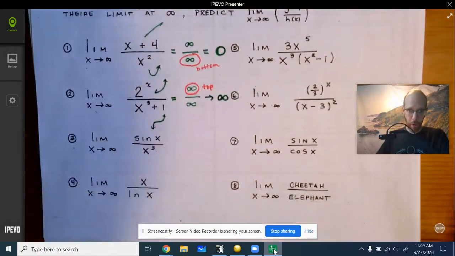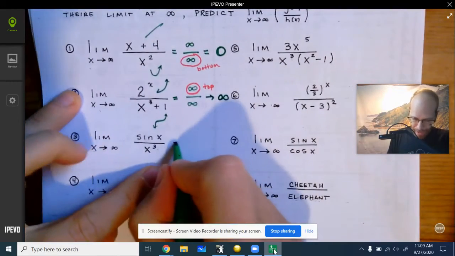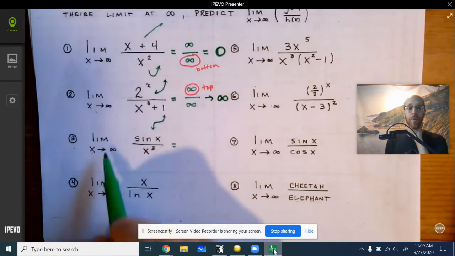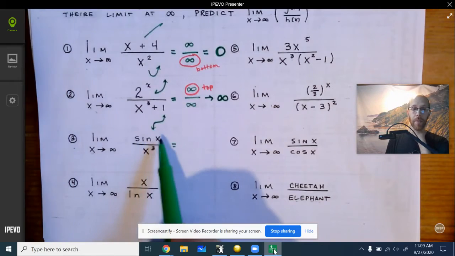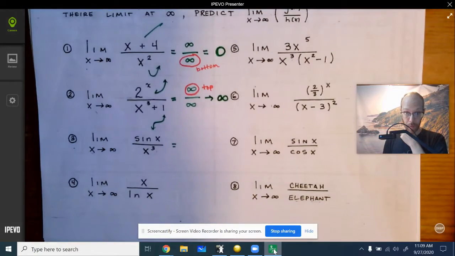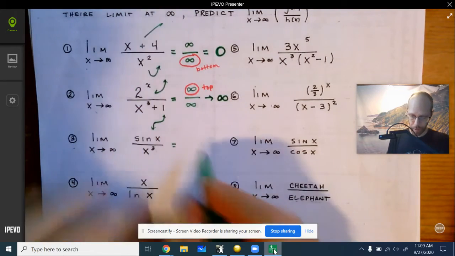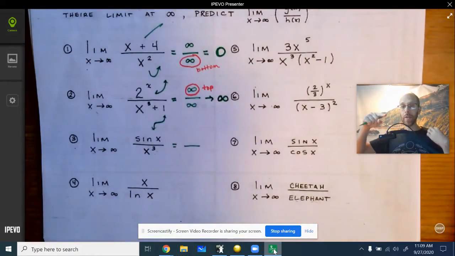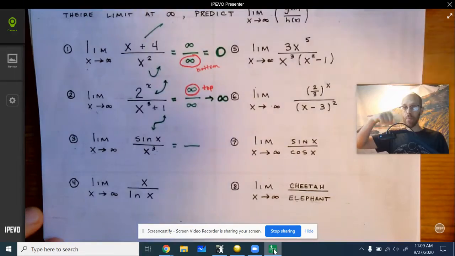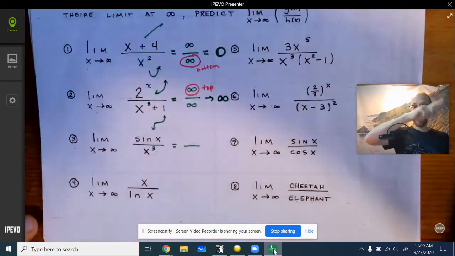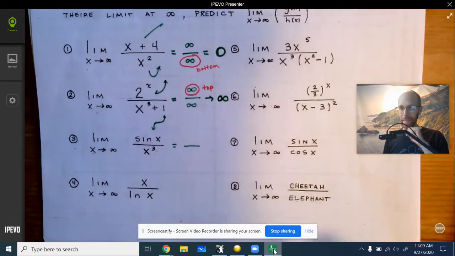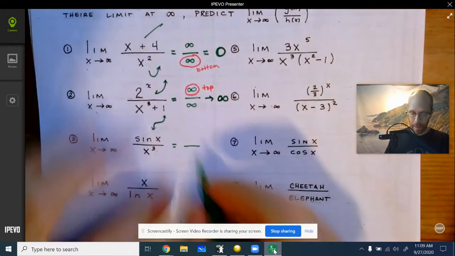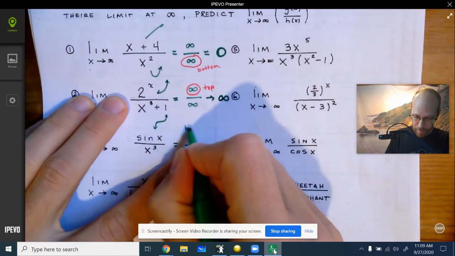One more, and this is the weird one. We look at the limit as x goes to infinity of the sine function divided by the cubic function. Okay, so this is a little trickier. Look at the numerator. Does the numerator have a limit as you go to infinity? No, it's bouncing back and forth. But the way you want to think of this is that it is bounded.